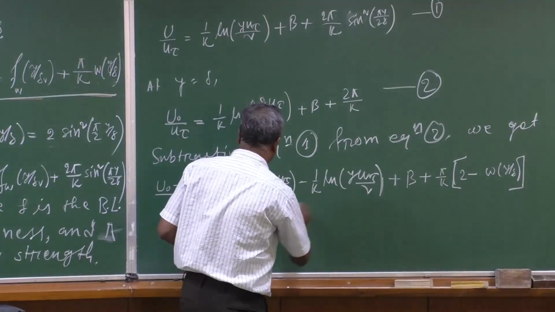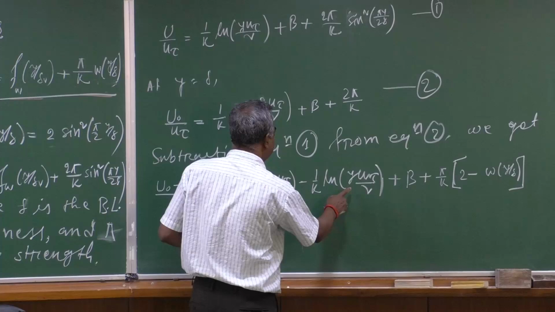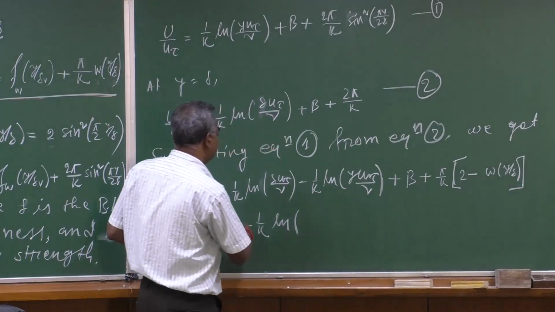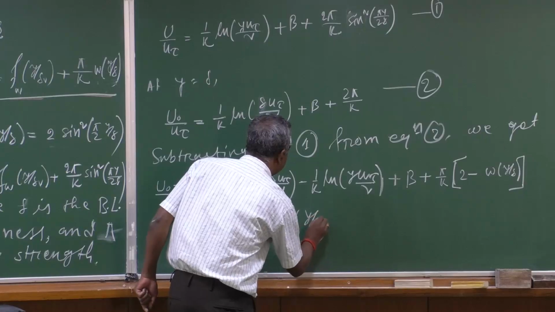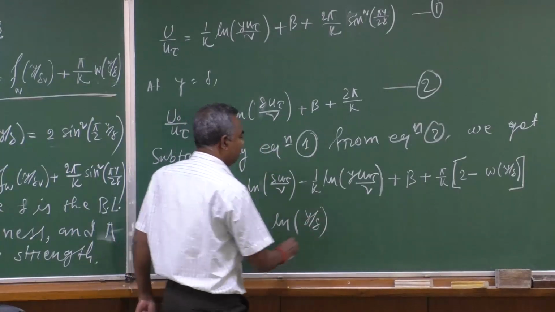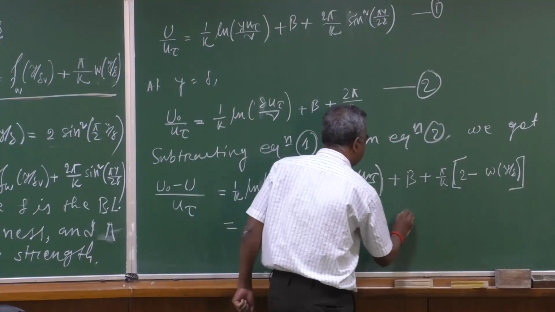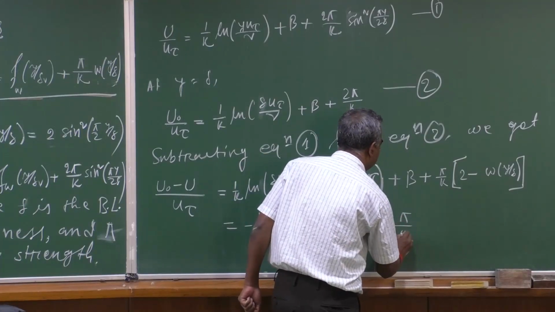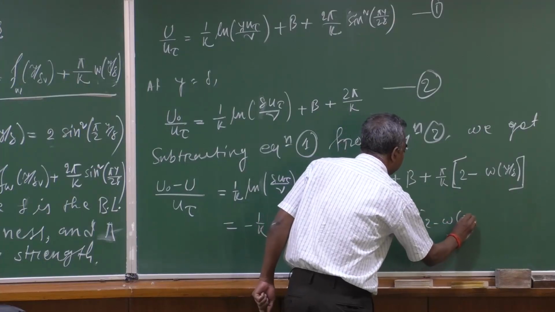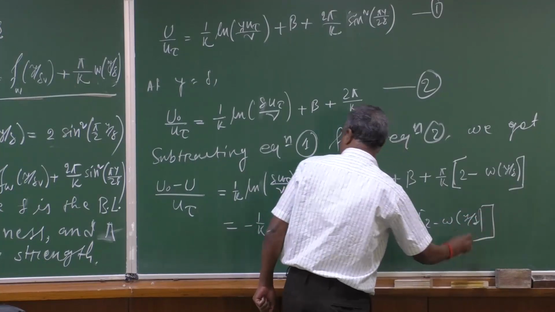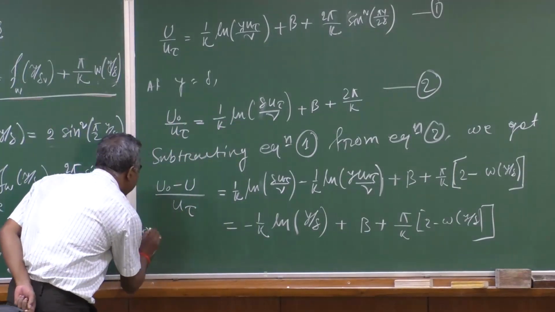You see, this can be written as minus 1 by kappa ln, if we take the minus out, then this minus this, which is nothing but y by delta, plus b plus this term, kappa 2 minus y by delta. Okay. So, this is what is your velocity defect.